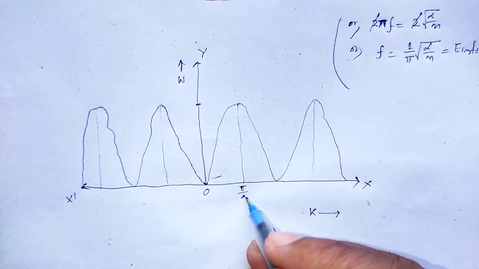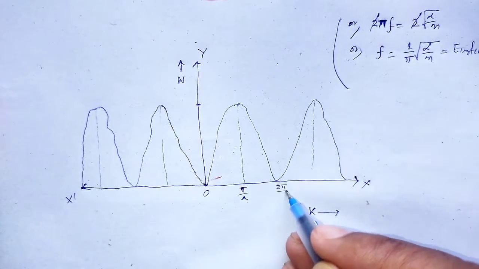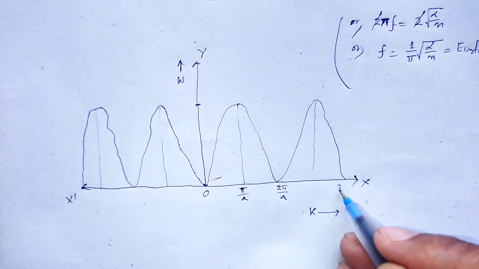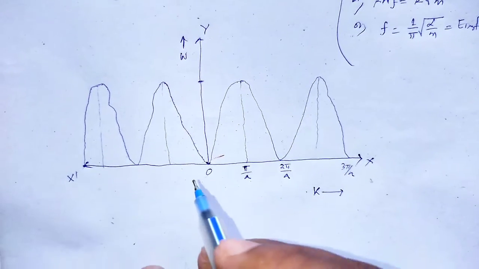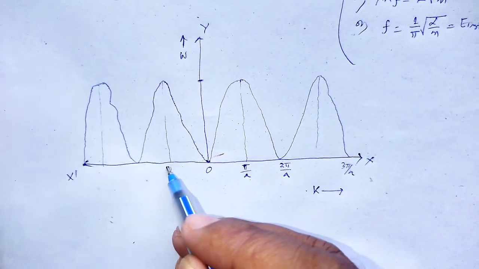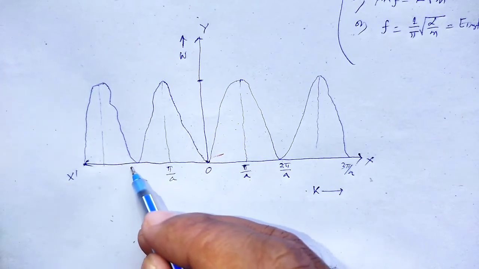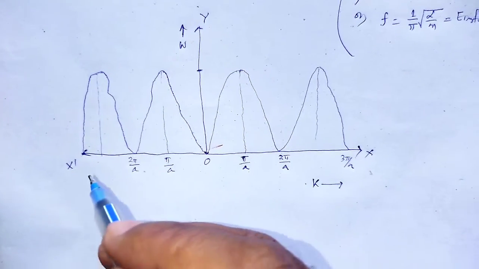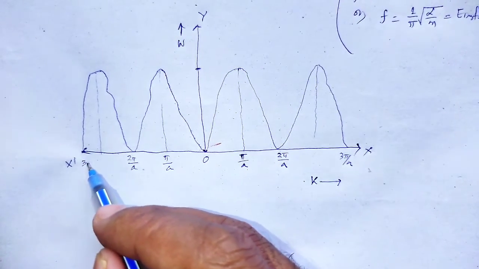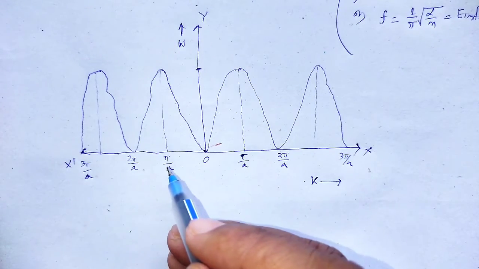Here pi by a, 2 pi by a, 3 pi by a, and likewise pi by a, 2 pi by a, 3 pi by a on the negative side.